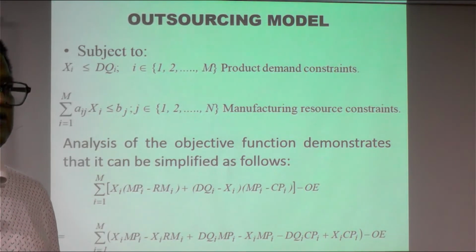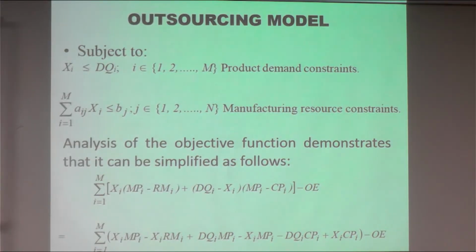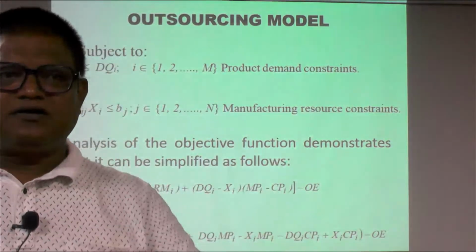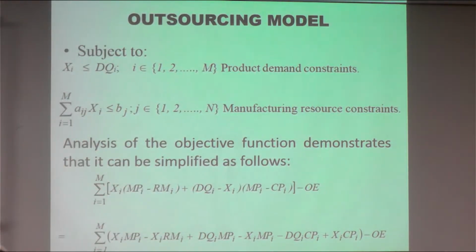Understood my point? So this model helps any organization to decide under critical conditions, where demand is more than their capacity, how much quantity of what type of product they should produce in-house and how much they are outsourcing.